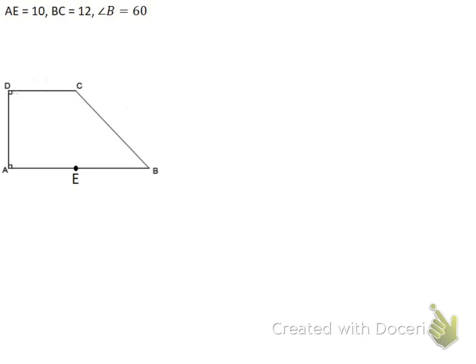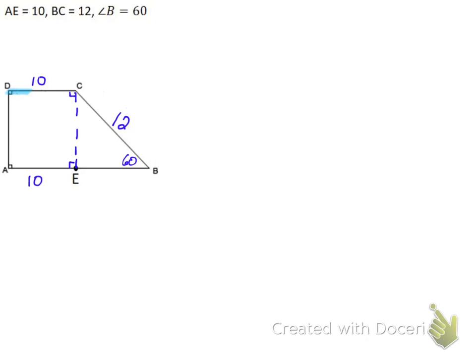Then this last trapezoid that we have here, again, same picture, just given different information. I know that AE is going to be 10, BC is 12, and angle B is going to be 60. When I connect CE together, that's going to be a rectangle again, just like we've done here. Since AE is 10, this piece is going to be 10 as well.